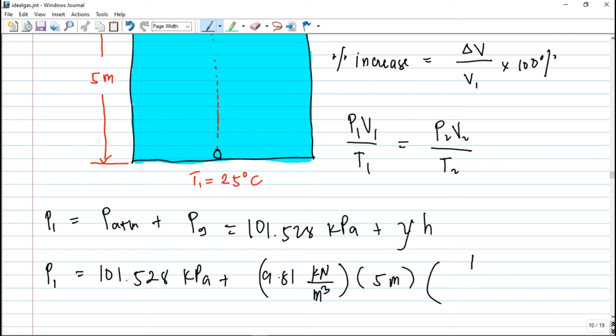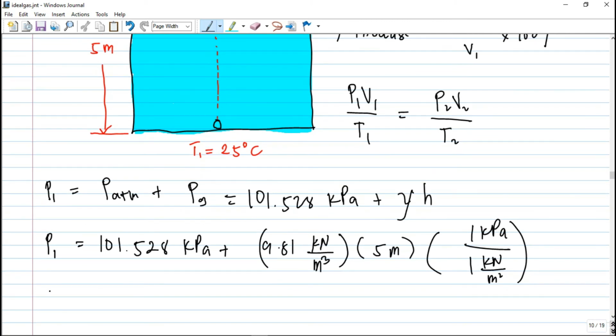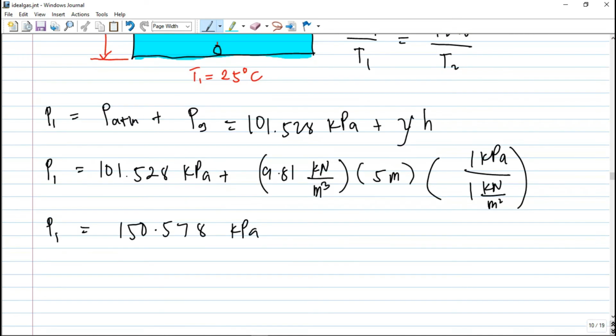So, let's convert: 1 kPa per 1 kilonewton per square meter. So, pressure 1 is equal to 150.578 kilopascal.